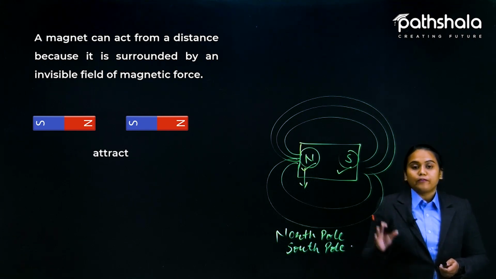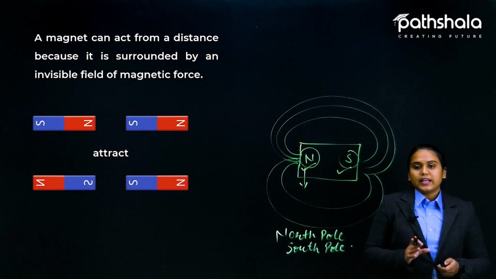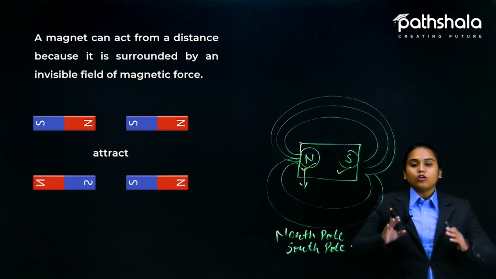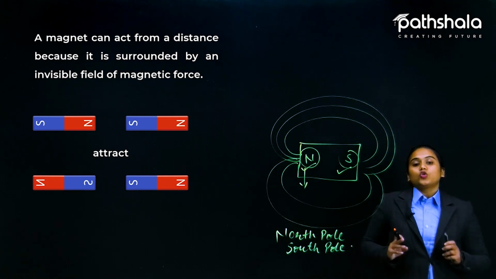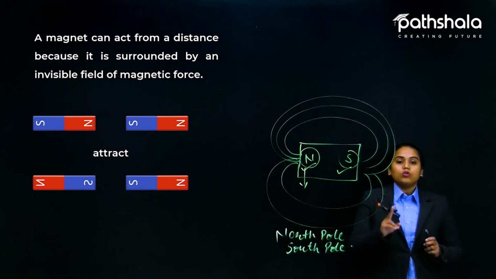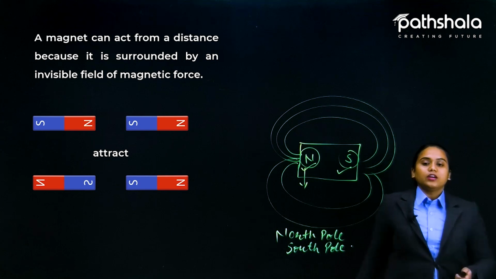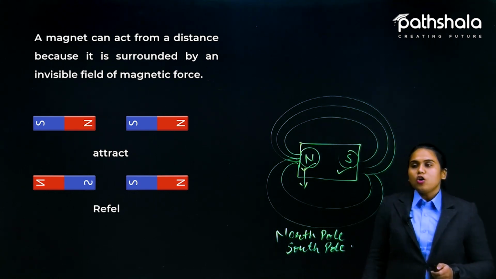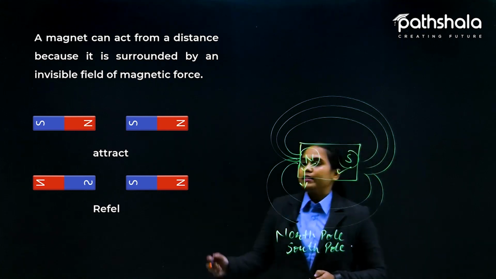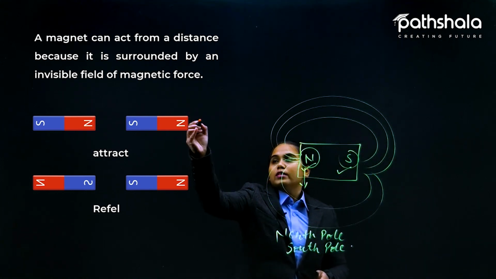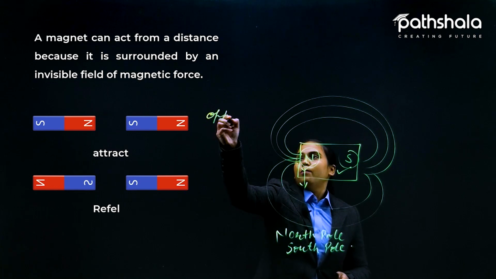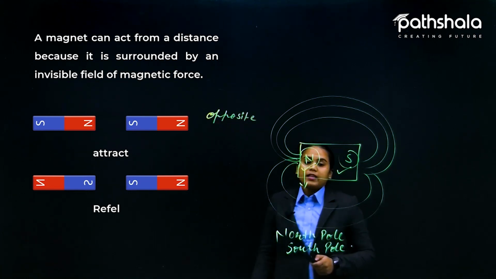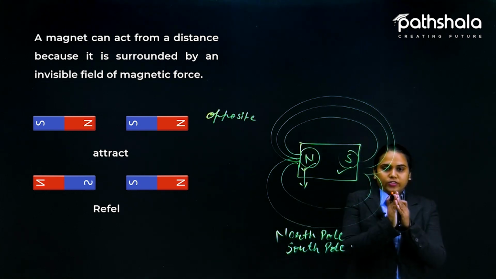Okay, and if these two are in the opposite direction like this, north pole and north pole are side by side, and south pole and south pole, whenever two like poles are facing each other, they repel each other. So you have to see here that whenever two opposite poles are facing towards each other, they are attracting each other.